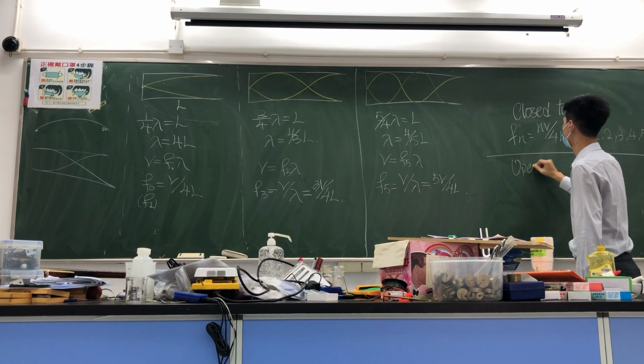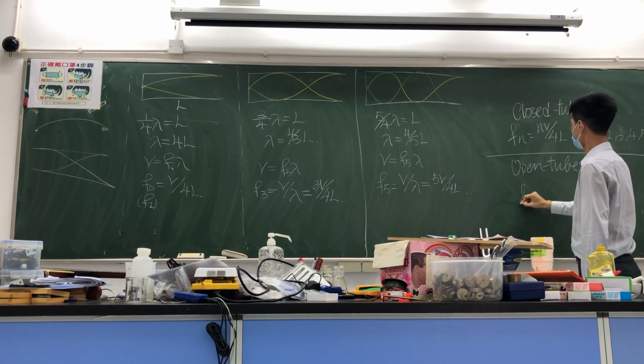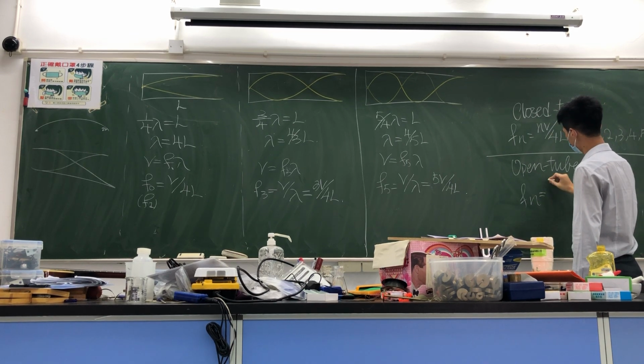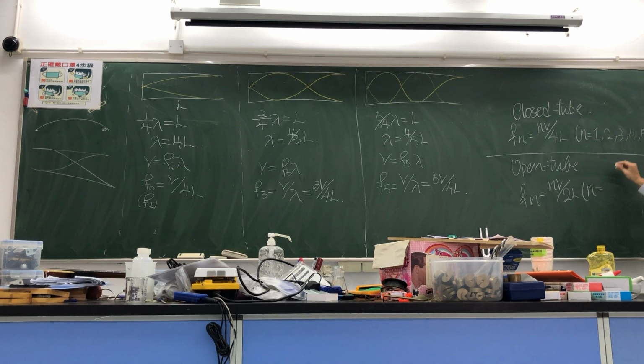For the open tube, Fn equals nV over 2L. 呢度冇，sorry. So 1, 3, 5. Okay, so please change it. So this is n equals 1, 2, 3, 4, 5.